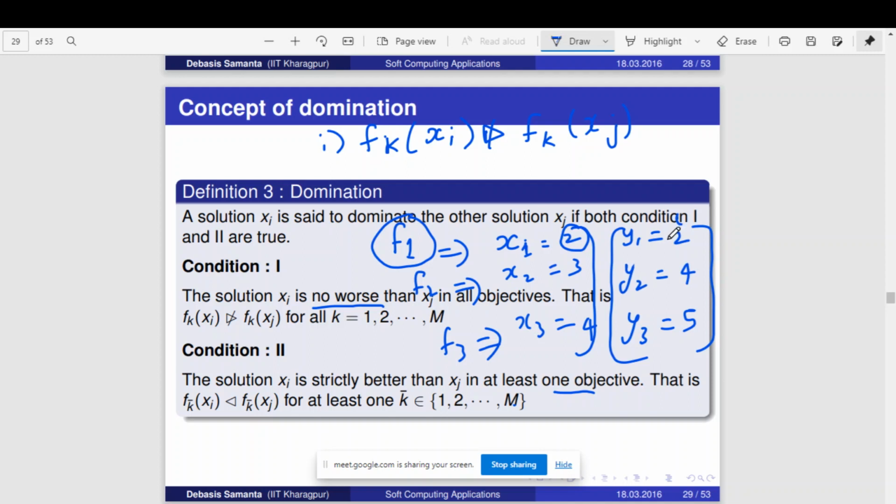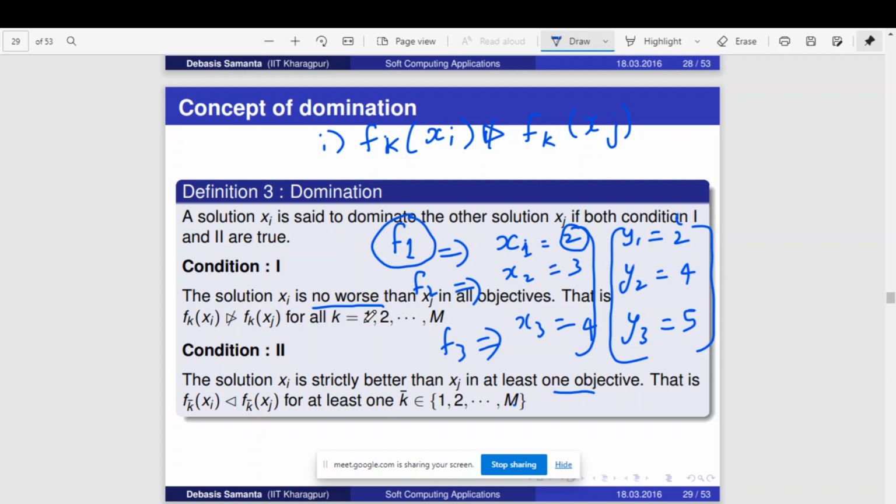Are you getting? It need not be equal, otherwise we would have used equal. See, x1 is no worse than xj means only that x1 is not worse than xj.